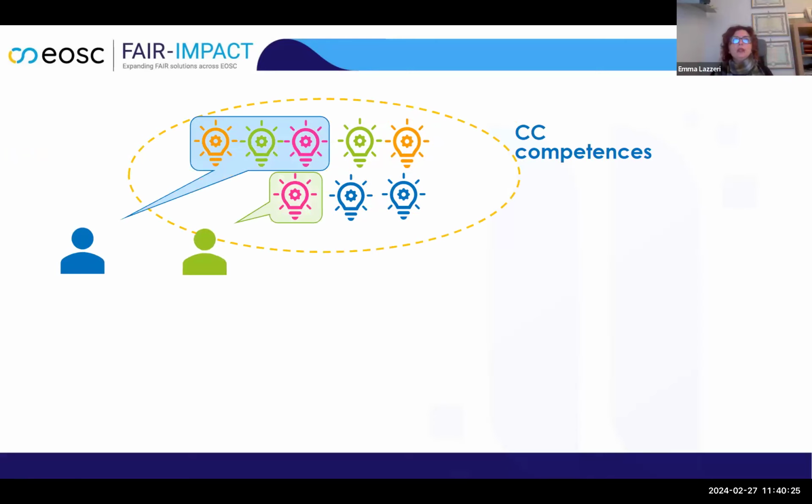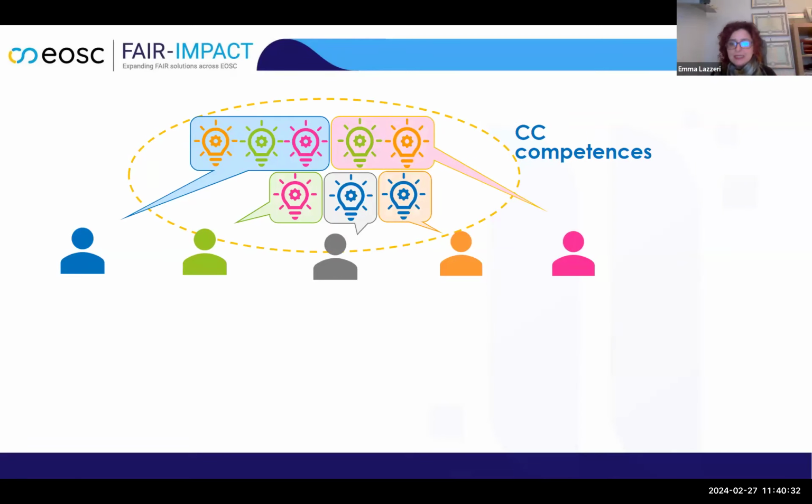So we have identified the different competencies that we need. We have associated them to single roles. And we know that these competencies are already in our consortium because we mapped them.